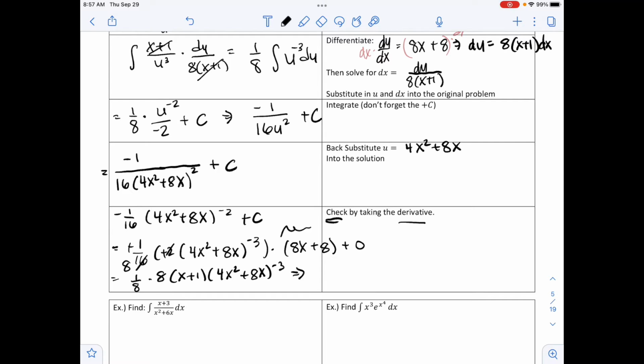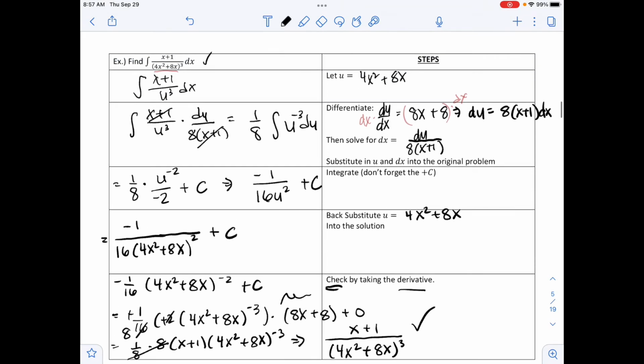And so rewriting this, your 8's can cancel, and you end up with x plus 1 in the numerator, and then in the denominator, moving that down, we get (4x squared plus 8x) to the third. And that checks with the original problem that we were starting with up above.